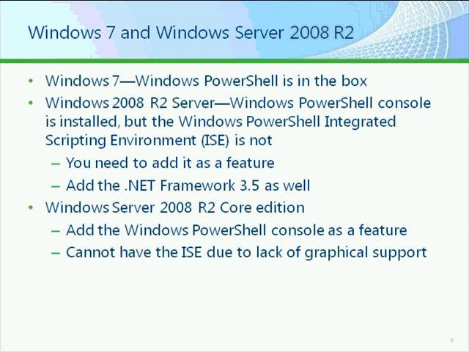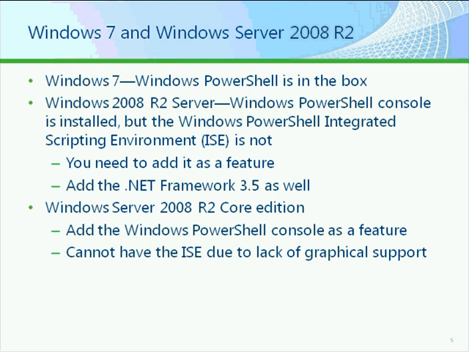So I've got the next slide up, and Windows 7, 2008 R2, PowerShell is in fact in the box. On 2008 R2, the PowerShell console is installed, but the ISE is not. I mentioned that. That's that script editor that I'll show you in a little bit. Now, one of the reasons that you might not want to install the ISE on your server is simply for the fact that it requires the .NET Framework 3.5.